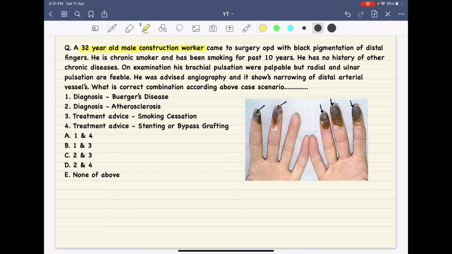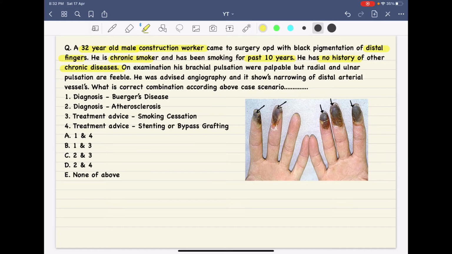A 32-year-old construction worker came to surgery OPD with black pigmentation of distal fingers. He is a chronic smoker and has been smoking for the past 10 years. He has no history of other chronic diseases.